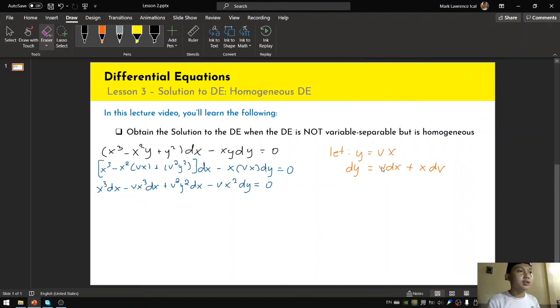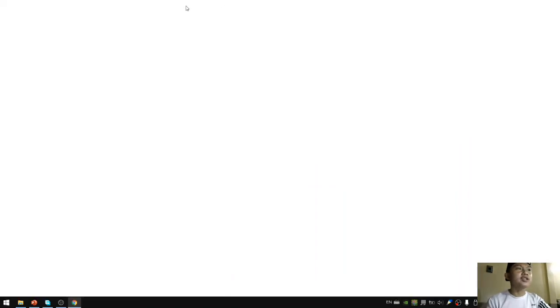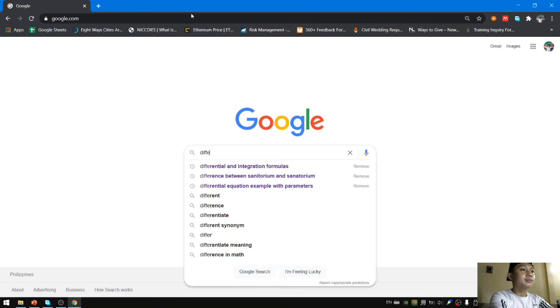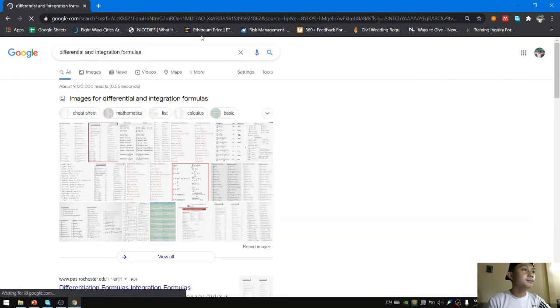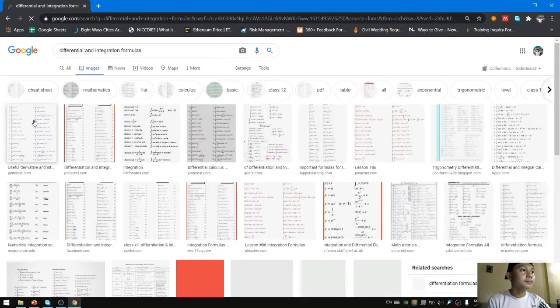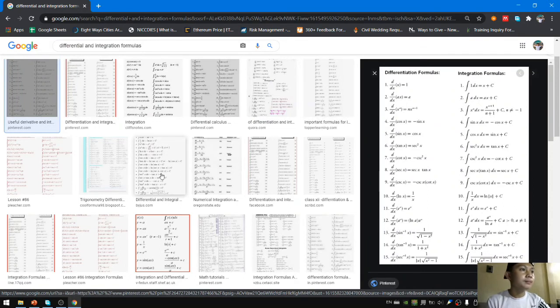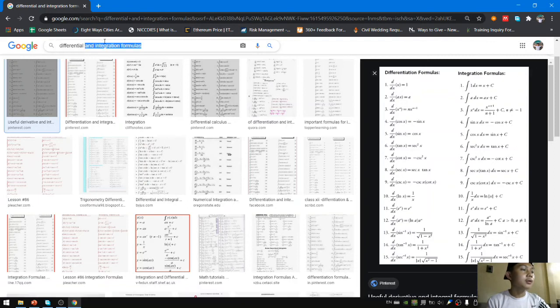Okay, para ma-convince kayo, siguro balikan natin. Ask natin si Google, the differentiation equation. Differential formulas.